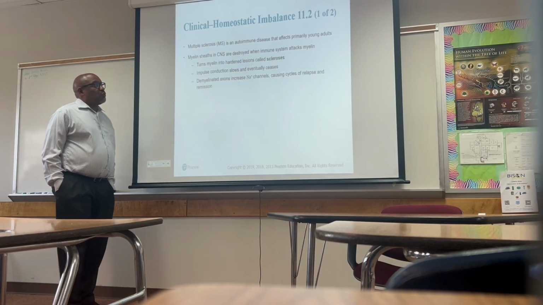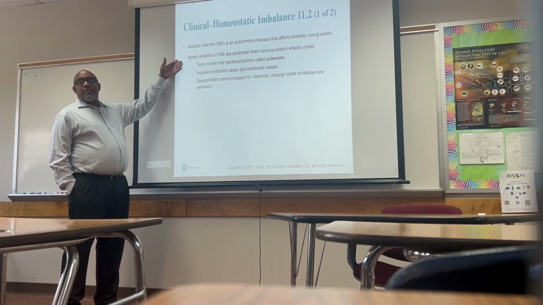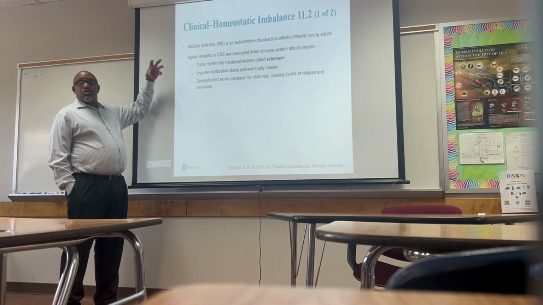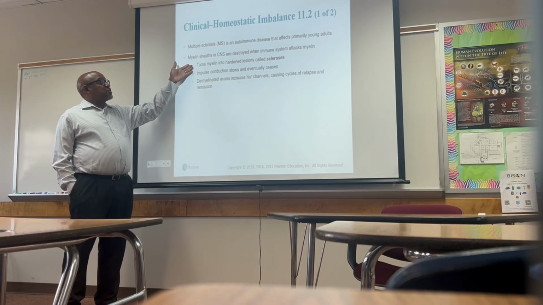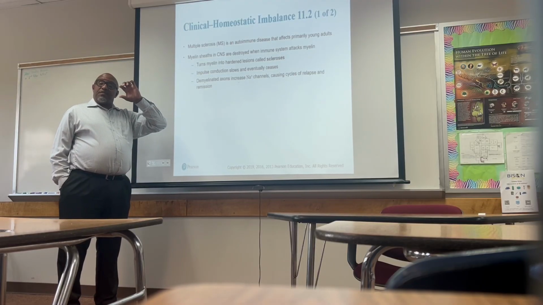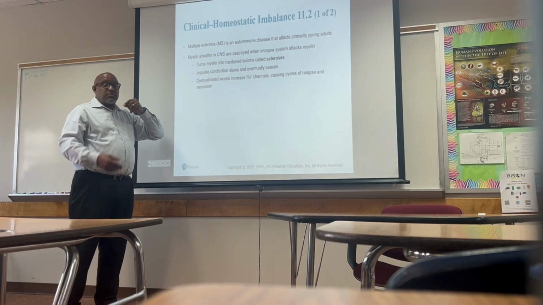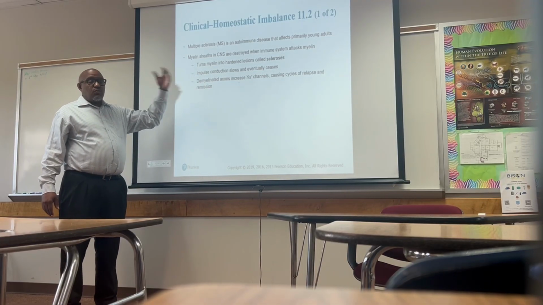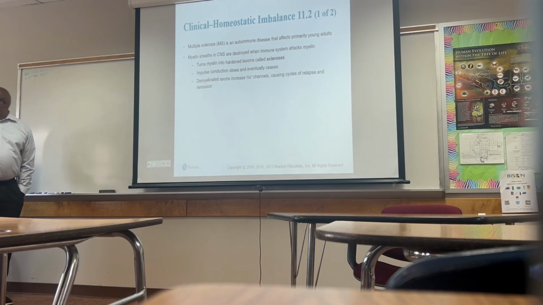Multiple sclerosis is an autoimmune disease that affects primarily young adults, more women than men. Here, myelin sheath is attacked by the immune system. It destroys the myelin, the white blood cells do. They end up creating scar tissue called scleroses. And then when you have this scar tissue, there's no channels to propagate and send the action potential. So nerves don't work like they're supposed to, and muscles don't work like they're supposed to.